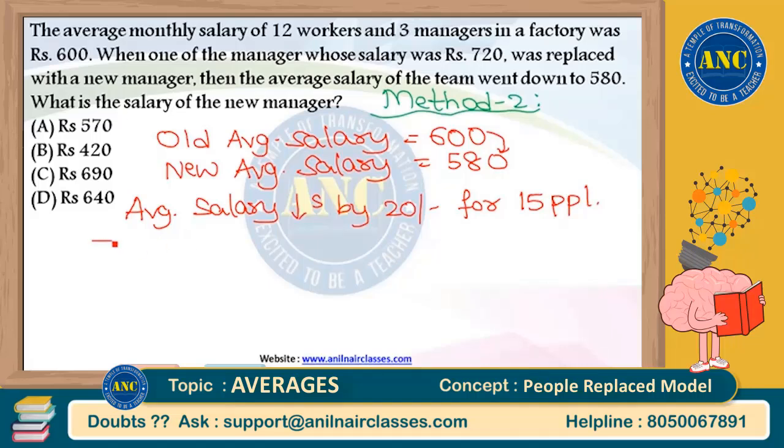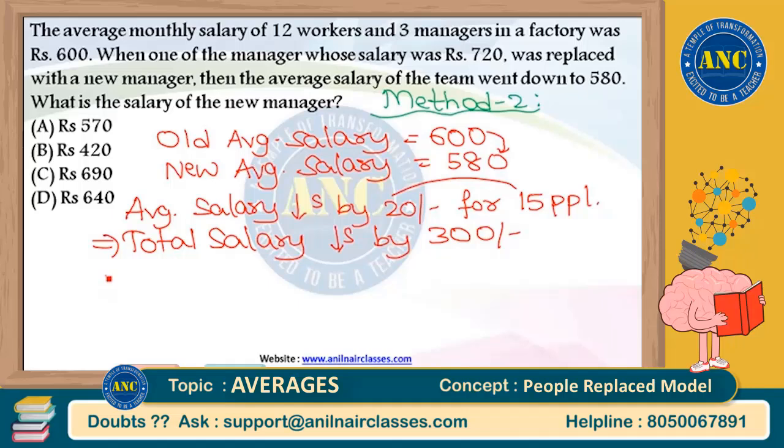Average salary decreases by 20 means total salary decreases by 20 into 15, 300 rupees. That means old manager was getting 720 rupees as the salary, so the total should decrease by 300. New manager should get 300 less than 720, which is 420.